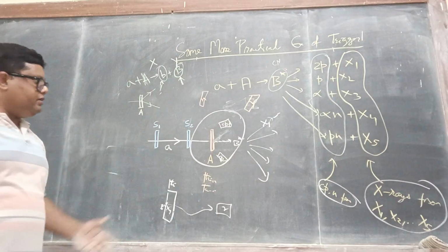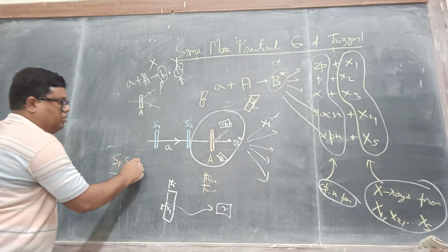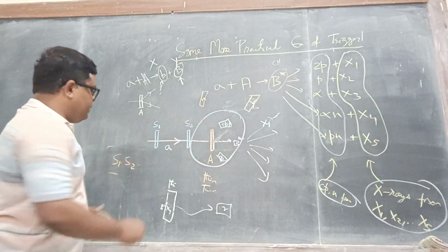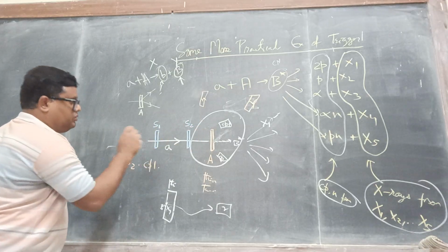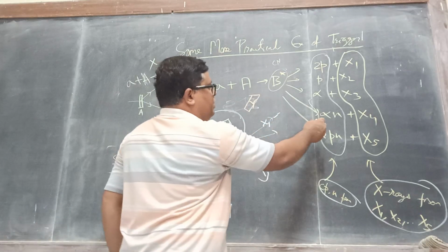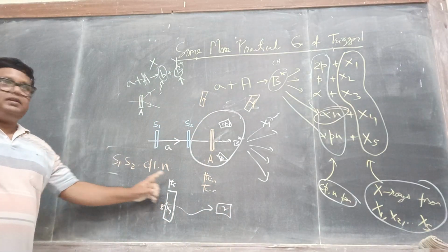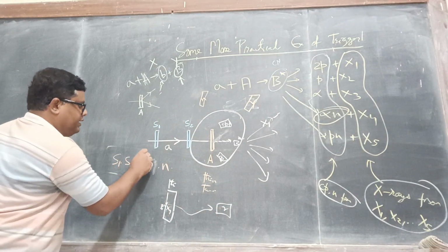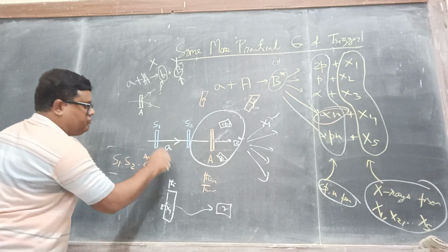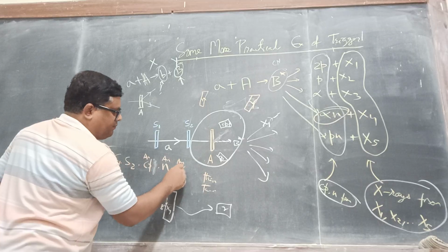So again we can have a trigger like S1 dot S2 dot, say, charged particle 1 dot neutron. Suppose I want to detect this event: any charged particle detector, dot any neutron detector, dot any gamma detector.